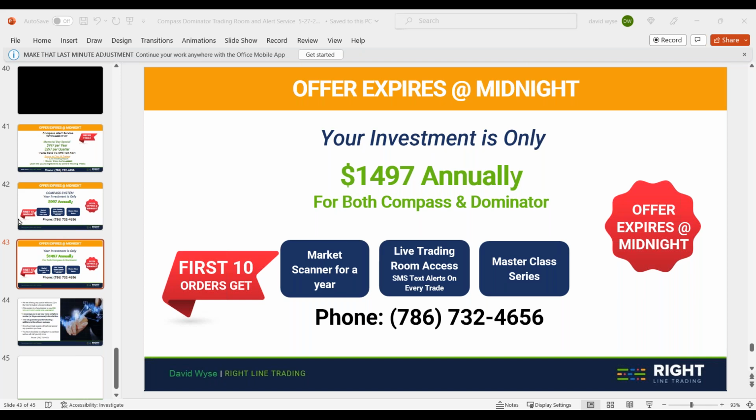The room itself is really structured to trade the best, skip the rest. It's meant to help people become consistently profitable traders, and it's also meant to educate traders no matter what level they're at to become better traders. And we try to do it in what would be considered a very low stress environment.